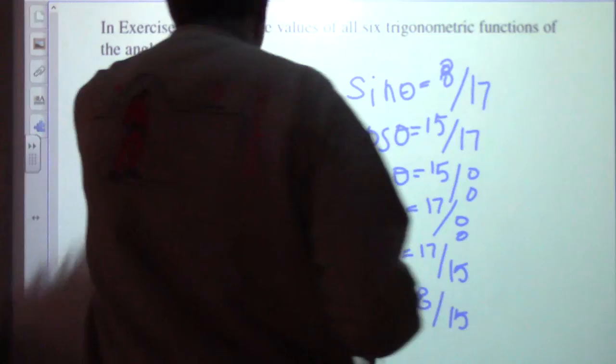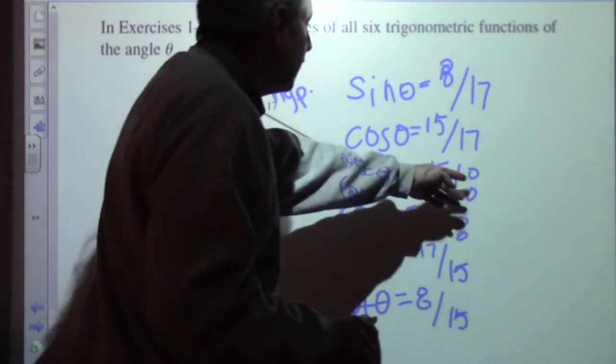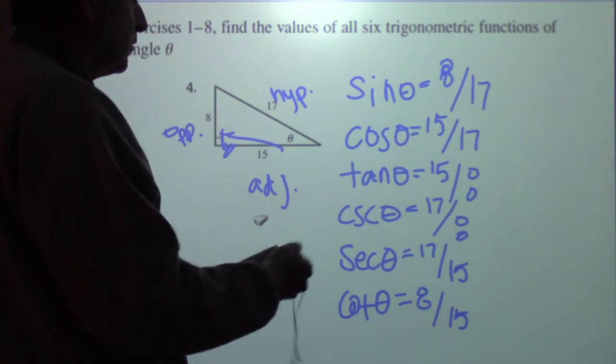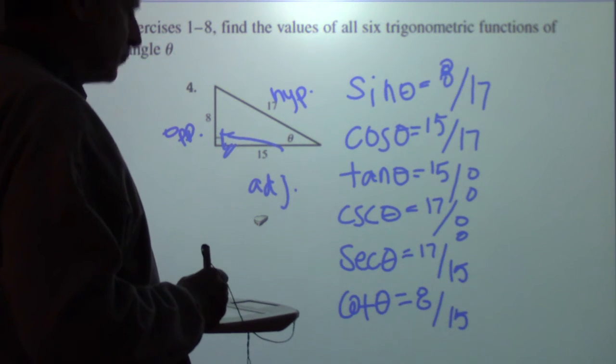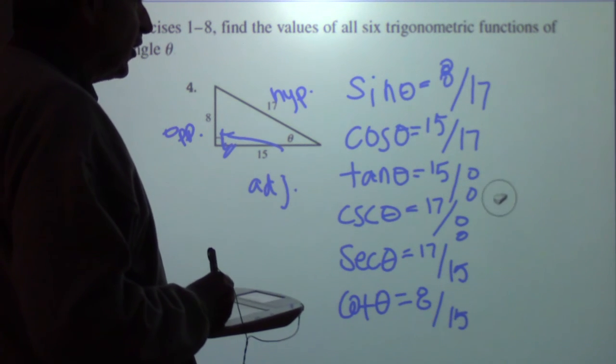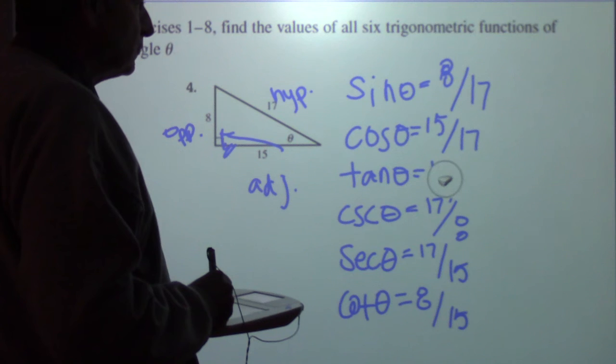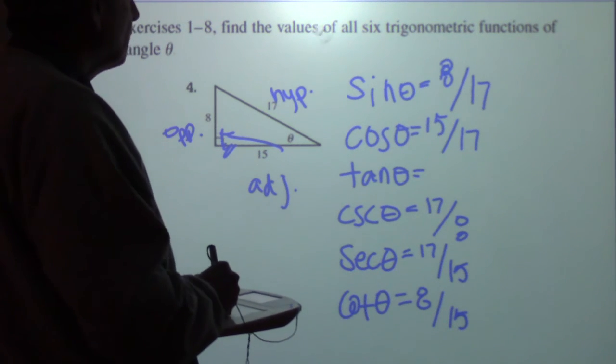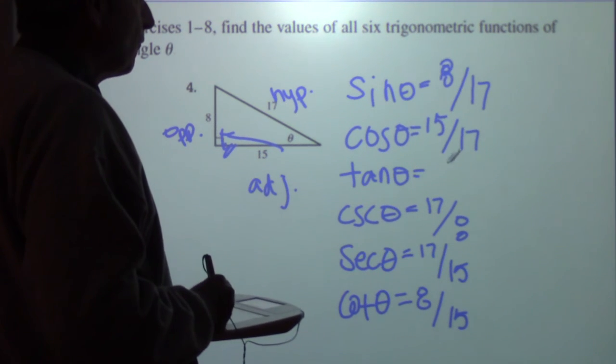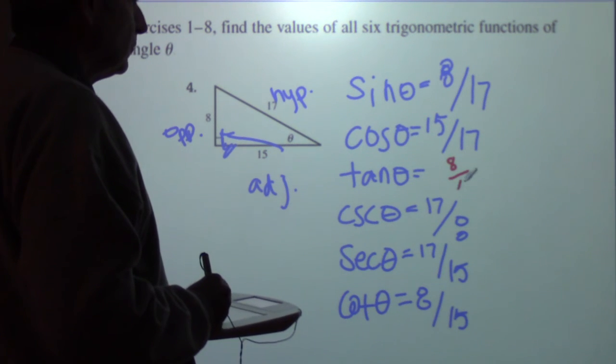Yeah. And tangent's gonna be 8 over 4. And then the last one will be 15 over 8. Yeah, you can fix it. Let's fix those. I'll fix them. And it's opposite over adjacent.